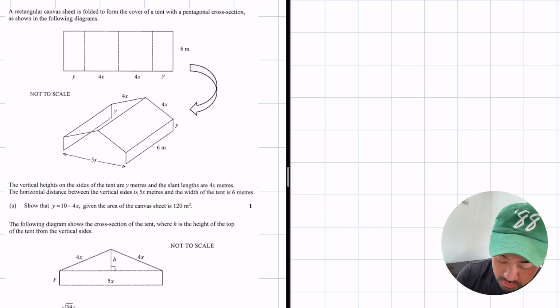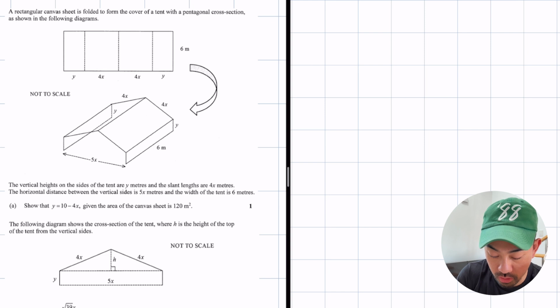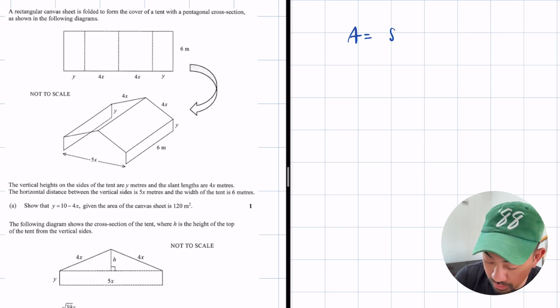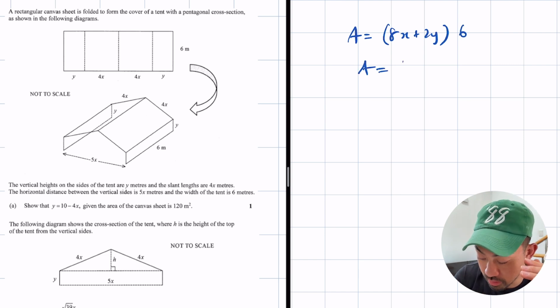All right, so what's this? This is the area of the sheet, right? So if it goes 4x, that's 8x plus 2y. So I know that the area here is going to be 8x plus 2y, that's just all the way across, times 6 meters. So the area is 48x plus 12y.